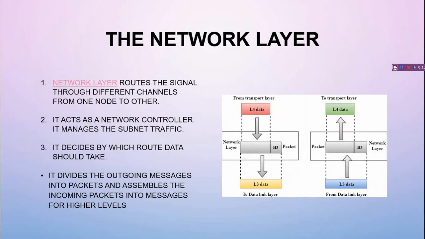Then the network layer. The network layer routes the signal through different channels from one node to another. The network layer also acts as a network controller. It manages the subnet traffic. It decides by which route data should travel.